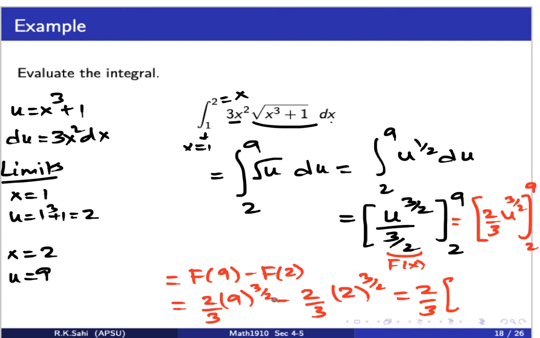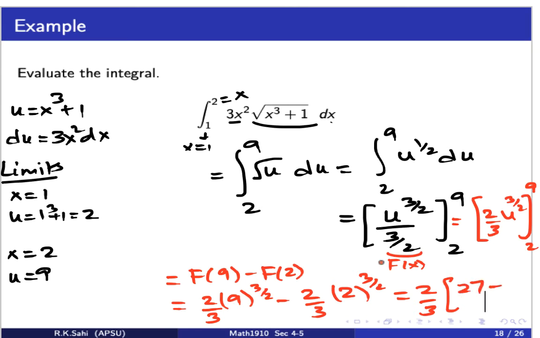9 to the 3/2 is going to be what, guys? 9 to the 3/2 is going to be 27 because it is to the power 3. So it's 9, the square root is 3, cubed is 27.